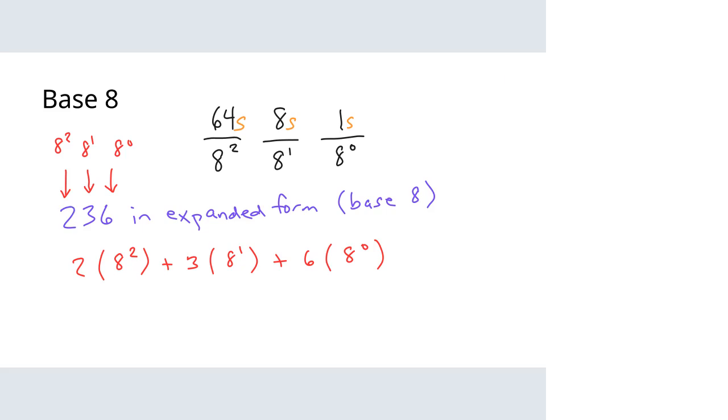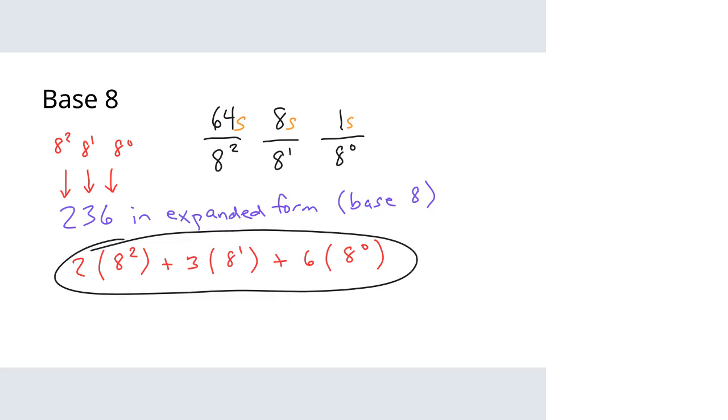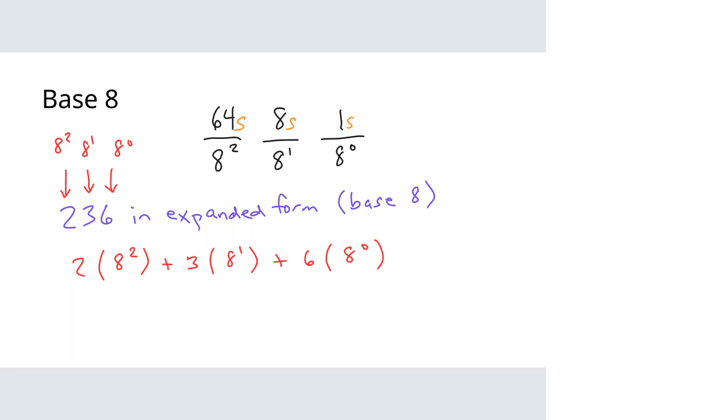It's all right for that to feel a little strange as long as you're understanding where everything's coming from. So I've written 236 in base 8 in expanded form. Is that okay? I get a sense that it is.